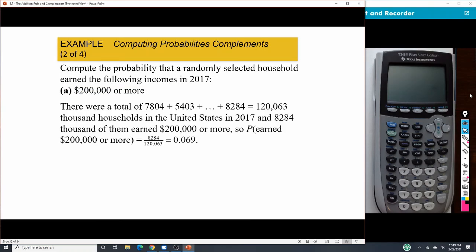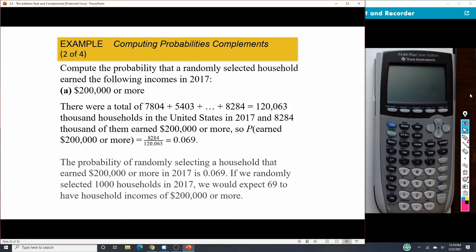Okay, and so that's what they did there. There were 120,000 people here that were surveyed, and so we have a final answer of 0.069 when we're looking at that. Okay, and so again, out of 1,000 people, we'd expect 69 of them to have an income of more than $200,000.